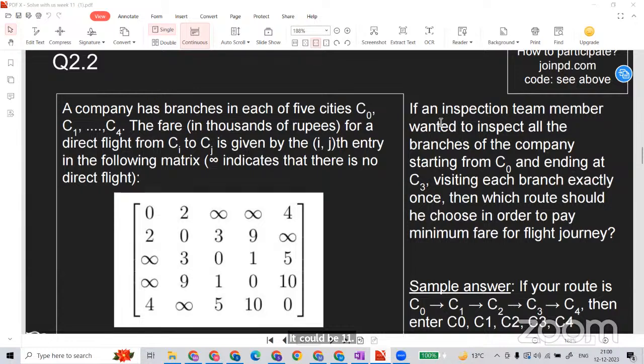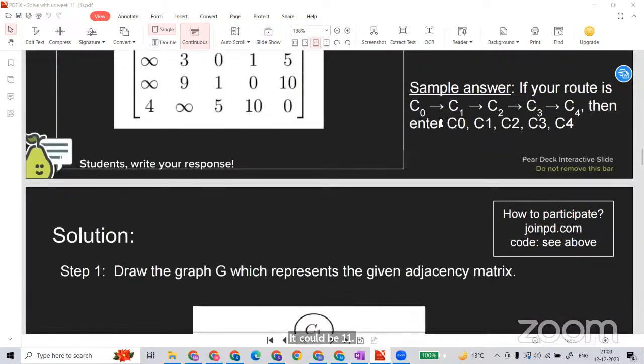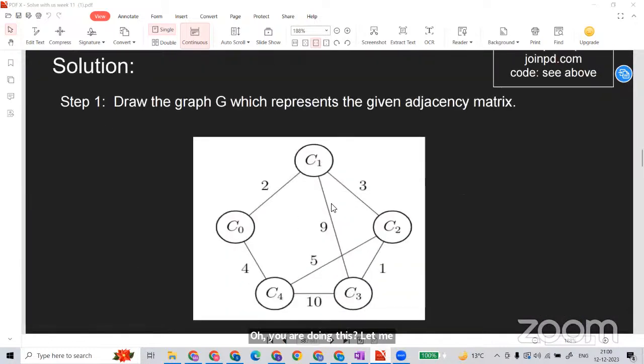How are you doing this? Let me show the graph. How are you doing from here? Anyone?